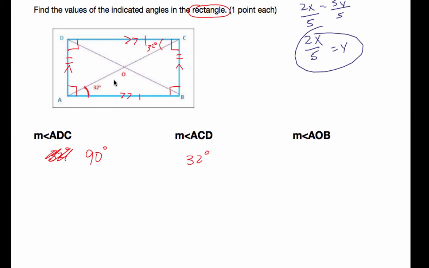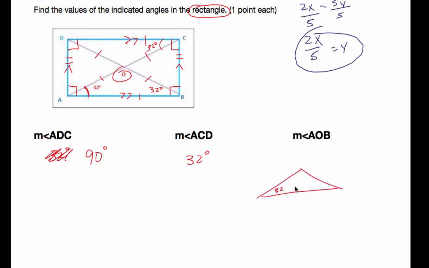AOB, well, how do we figure this out? Well, remember, we're dealing with a triangle here that has sides that look like this. Because rectangles, it's a parallelogram, so they bisect each other, but they're also congruent. So this is 32. Well, that's 32. Then this angle here, I've got this triangle.